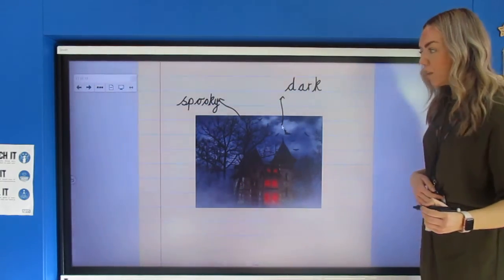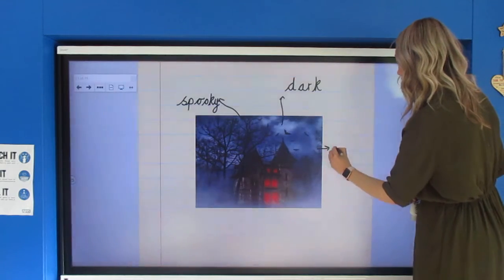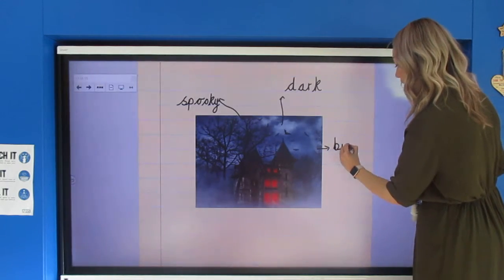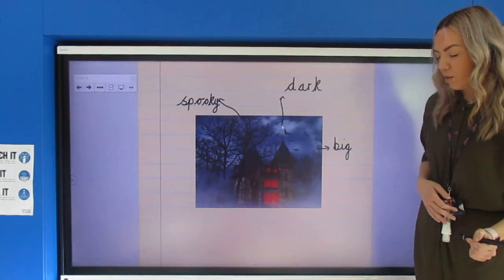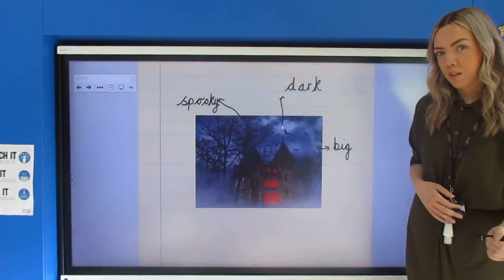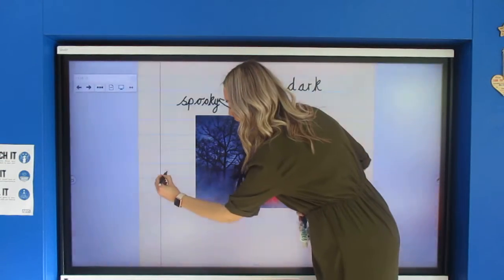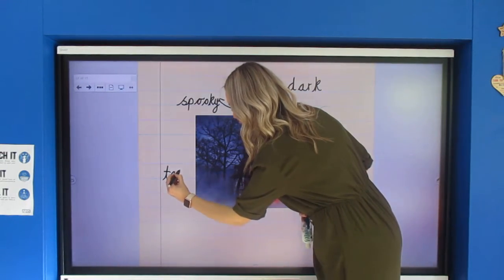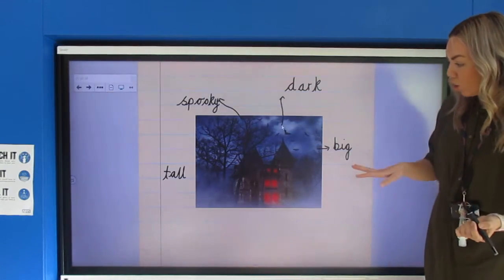Next one. Big. The house is big. Well done. Can you think of any others? What do we think? Tall. The trees are tall, aren't they? So we've got big, dark, spooky, tall.